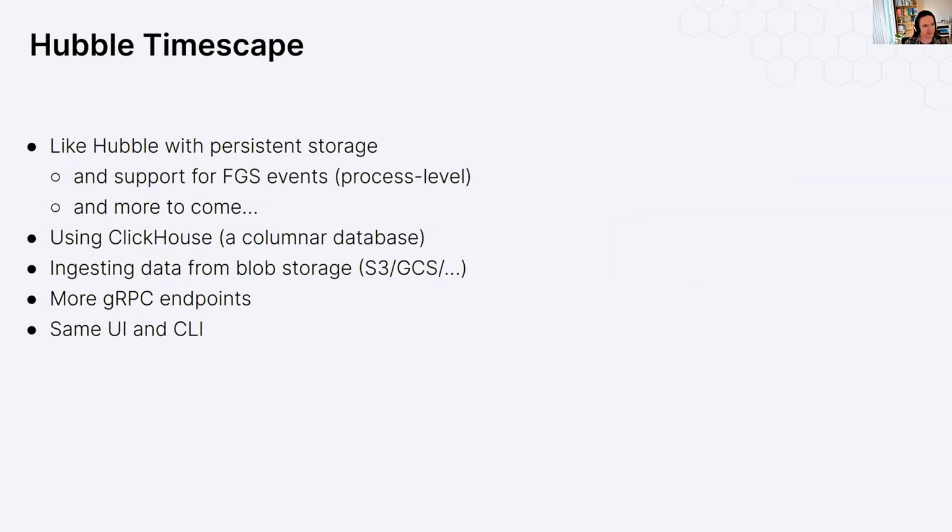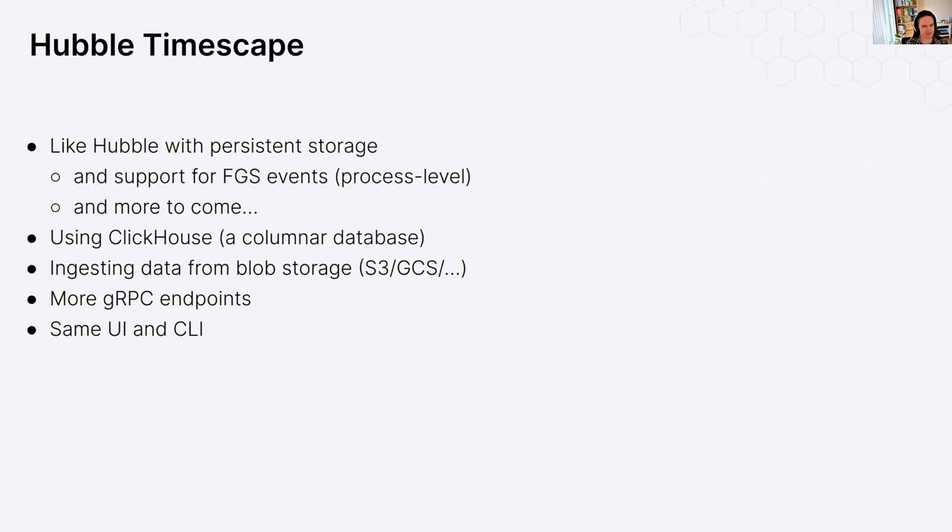It's like Hubble, well, not exactly, but it is like Hubble with persistent storage. Not exactly like Hubble, because it does much more. It has support also, for example, for FGS events. FGS is a component in the Hubble Enterprise offering, and it collects process level events, also gathered by eBPF.